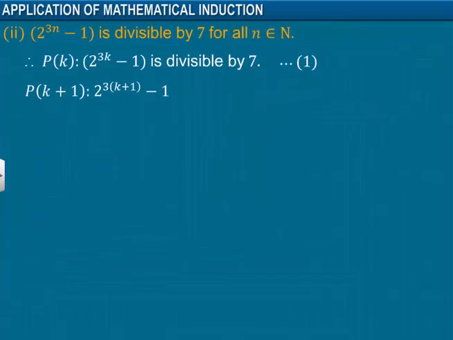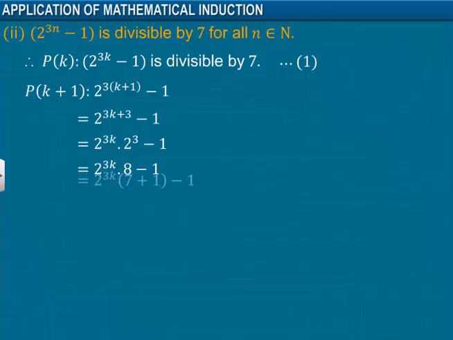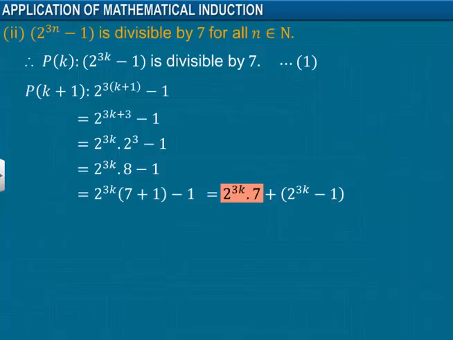On simplification, we get 2 raised to the power 3k multiplied by 8 minus 1. We'll write 8 as 7 plus 1. On simplifying, we get 2 raised to the power 3k multiplied by 7 plus 2 raised to the power 3k minus 1. 2 raised to the power 3k multiplied by 7 is a multiple of 7.